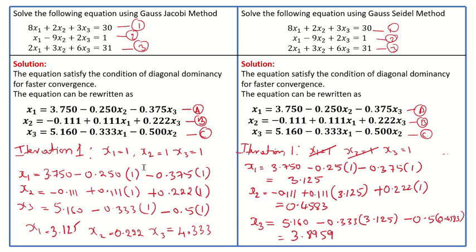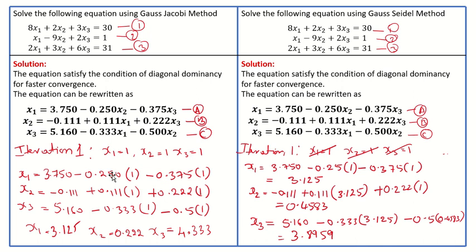Now x3 is also updated, so I'll strike out this. Now I got an entirely new set of values, that is x1 is 3.125, x2 is 0.4583, x3 is 3.8959 in iteration 1.